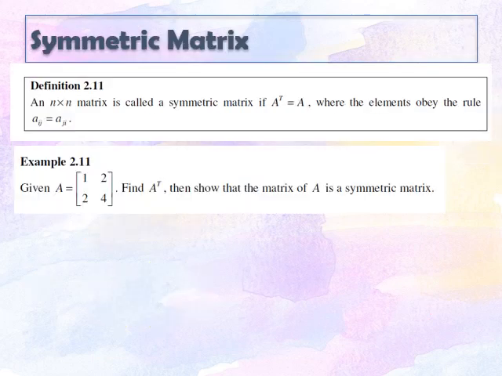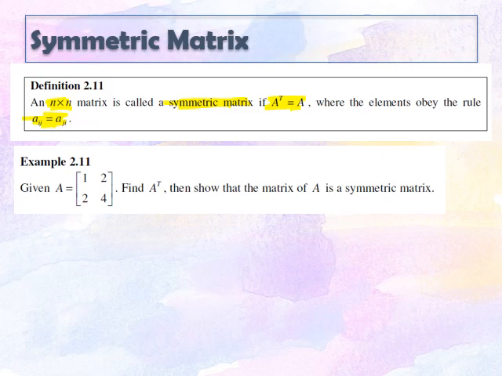So what is a symmetric matrix? A square matrix n by n is called a symmetric matrix if A transpose is equal to A, where the elements obey the rule Aij equals Aji. Meaning after you have performed the matrix transpose operation, you still get the same matrix.